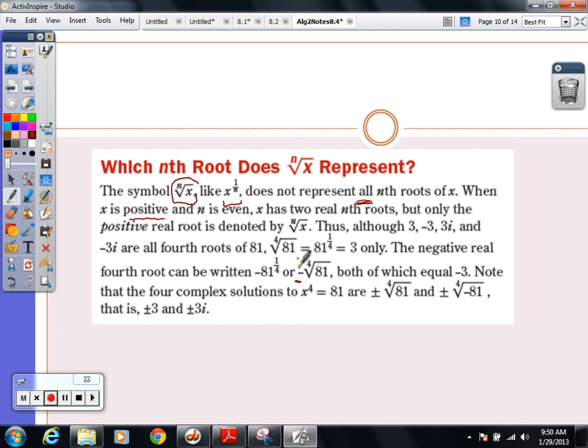Now, on your quiz or your homework, they might ask you for all of the fourth roots of 81. If they ask for all the fourth roots of 81, you should realize, well, there should be 4 of them. Okay? If I just write the fourth root of 81, though, that is not asking for all of them. That is only asking for the positive one. The fourth root of 81 is 3.